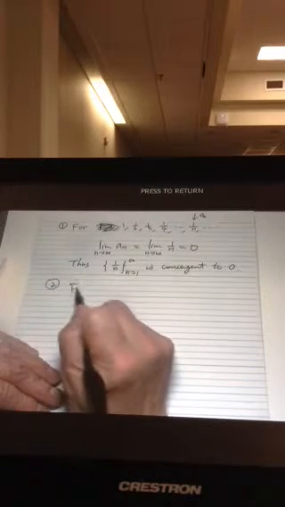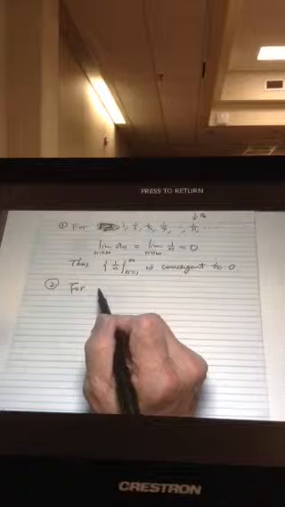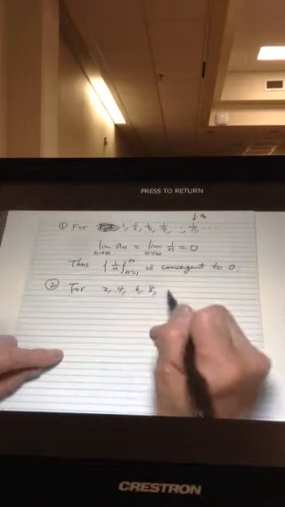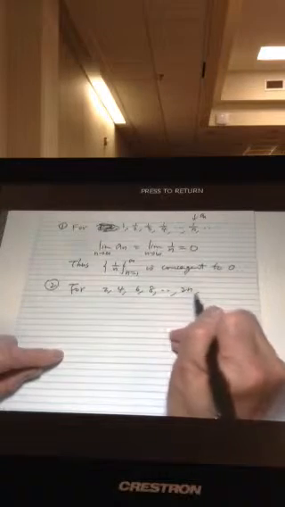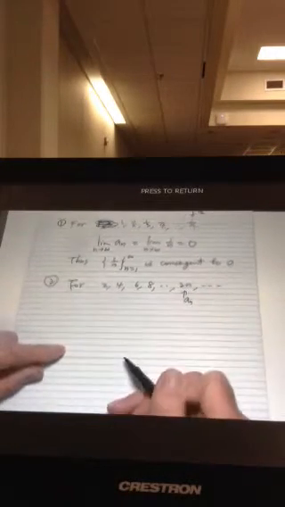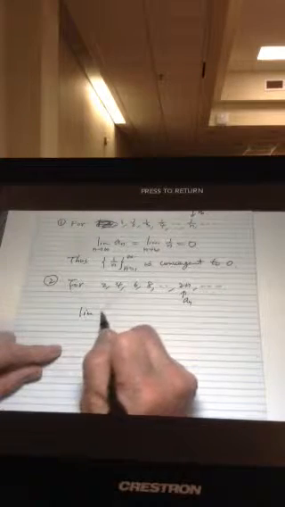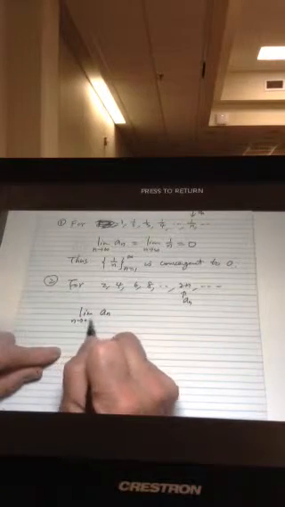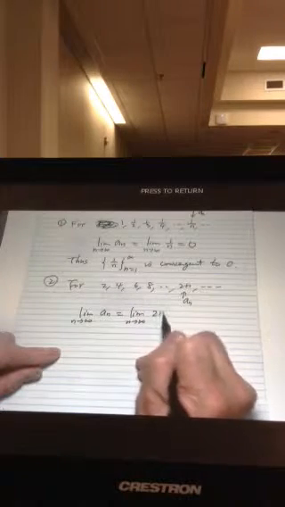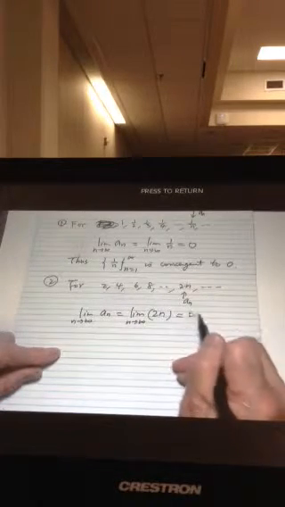And for the second one, what is it? 2, 4, 6, 8, 2n. This is the nth term, a_n. Now if I take the limit of a_n, this is the limit as n goes to infinity of 2n. This is infinity.